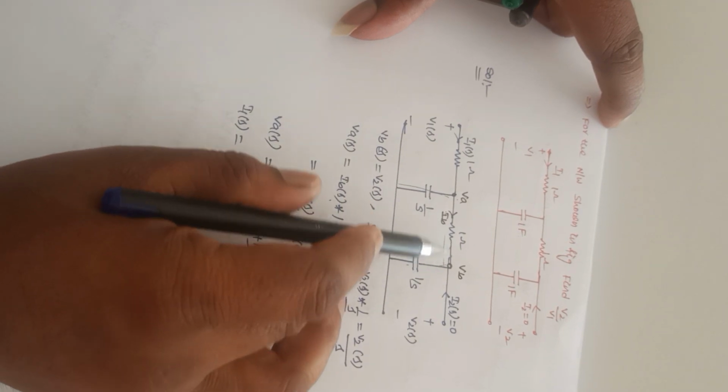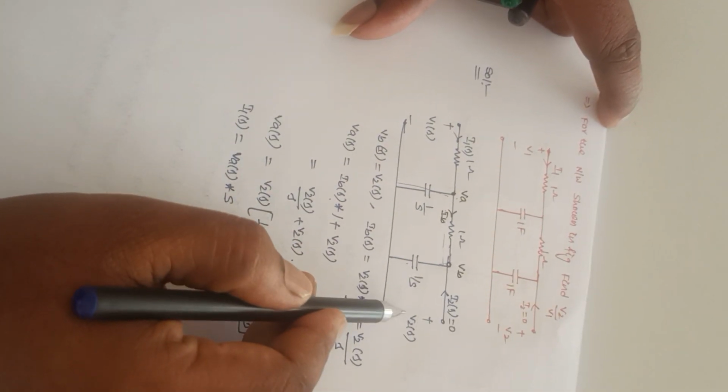IB of S is equal to V2 of S into S here.